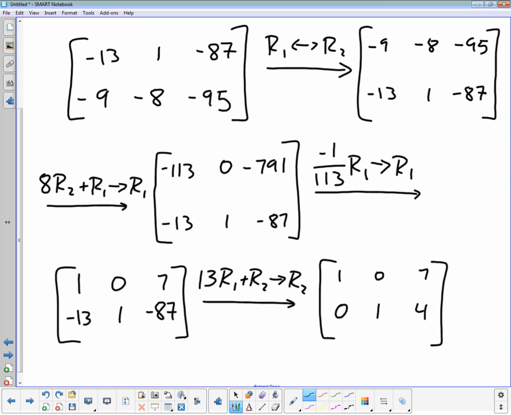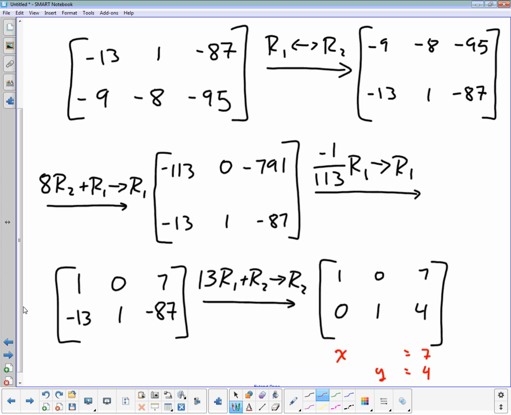Does that make sense? And you know what we could do? If you want to be sure you're right, here's how we check our work. Remember what you have now: x equals 7 and y equals 4. One x and no y's equals 7. No x's and one y equals 4. That's really what you're looking at, right?